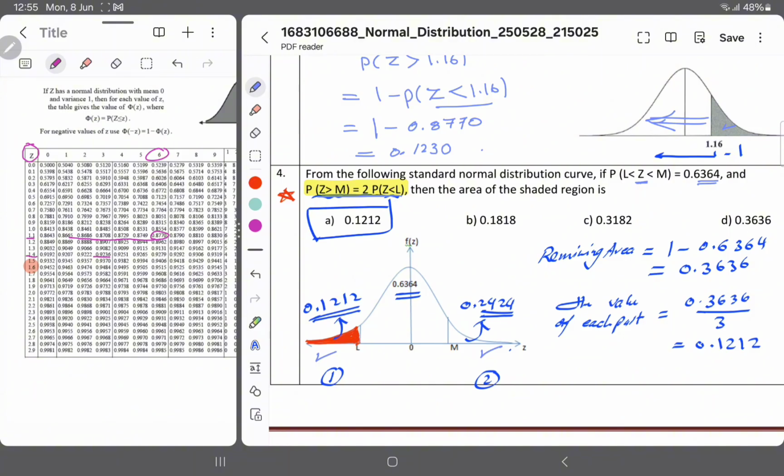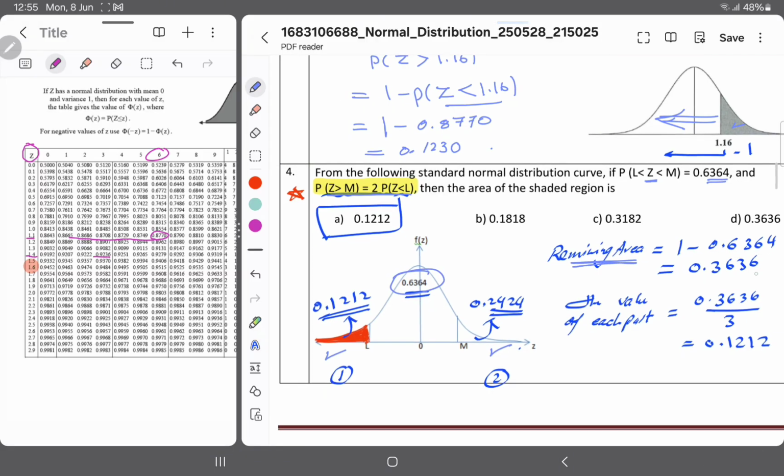All right? Everyone knows the total area under the curve equals 1. So the remaining area will be 1 minus the area in the middle. So the remaining area will be 0.3636. Now, to find the value of each part, because we divided the area into 3 equal parts, we divide that remaining area by 3.